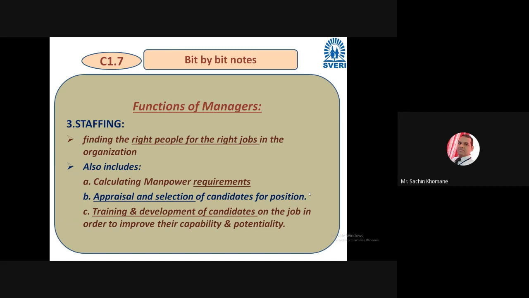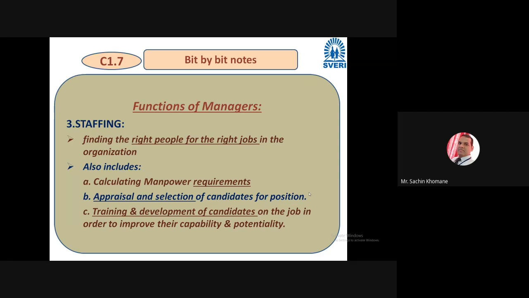Along with this activity, staffing has many more activities, like calculating manpower requirement. In staffing, calculating the manpower requirement is also one of the roles. How many employees are required for so and so work? Calculation must be there. Then the next one is appraisal and selection of candidates for position.